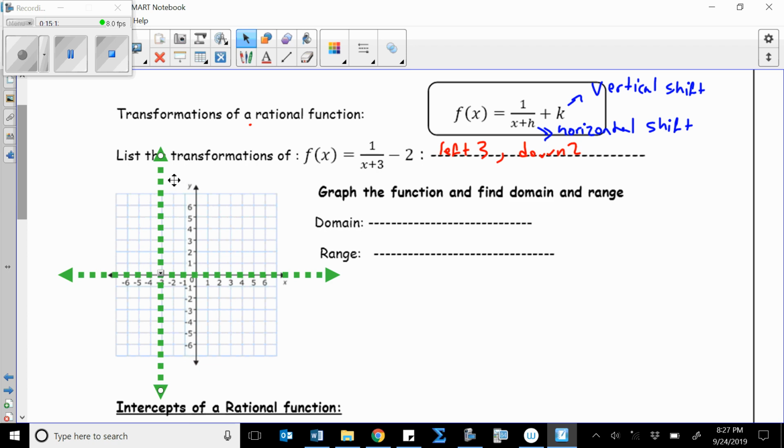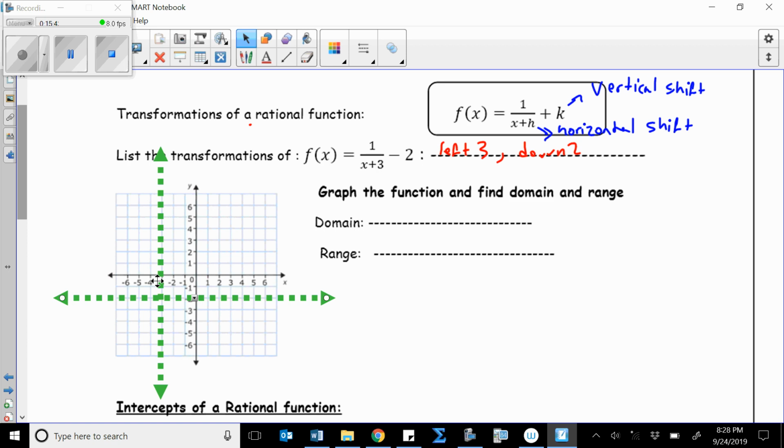So basically whatever I see is just left 3. But about the horizontal asymptote, if I move it left 3 again, we are not going to see anything, because it's just moving left to right and it's just a horizontal line. But down 2 is something that I can easily see. It's moving down 2.